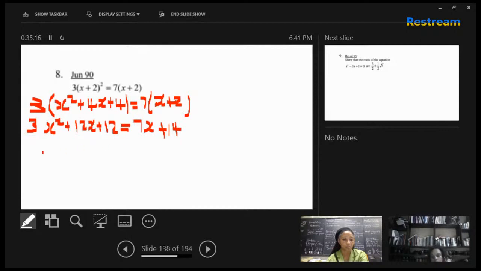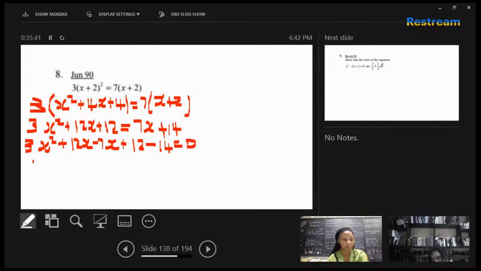So now we're going to carry over those values. So 3x squared plus 12x minus 7x plus 12 minus 14 equals 0.